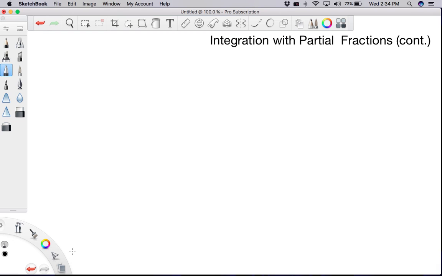So if you're uncertain on how to decompose fractions, you might want to crack open an algebra textbook of some sort, possibly a pre-cal textbook, or even, I know Khan Academy has some videos, and I'm sure one of their videos covers decomposition of fractions, so you should be able to figure out that aspect of it.